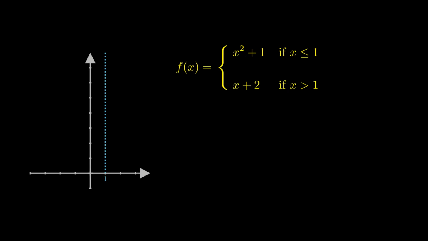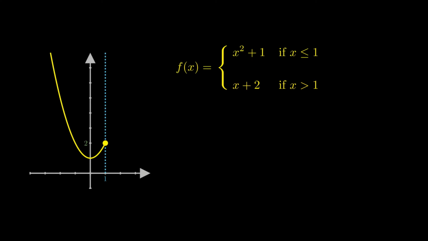To the left, we have this top case of x squared plus 1, and so we can draw our parabola shifted up by 1. And because the inequality includes equaling 1 in this case, we can pop a full circle at the boundary here. And so we have f of 1 equaling 1 squared plus 1, which is just 2. To the right, we have this bottom case of x plus 2.